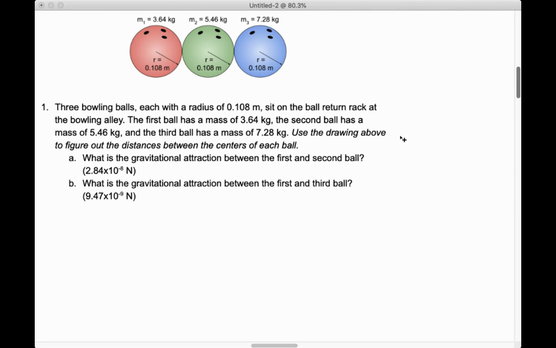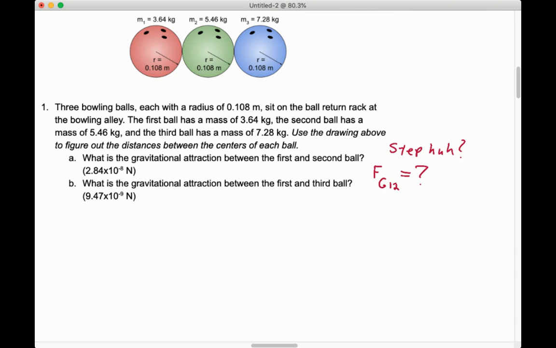For part A, what is the gravitational attraction between the first and second ball? So, wrong tool. Give me a sec. So what is the gravitational attraction between the first and second ball? What we want is F sub big G 1, 2, seems like a good name for it, is equal to question mark.